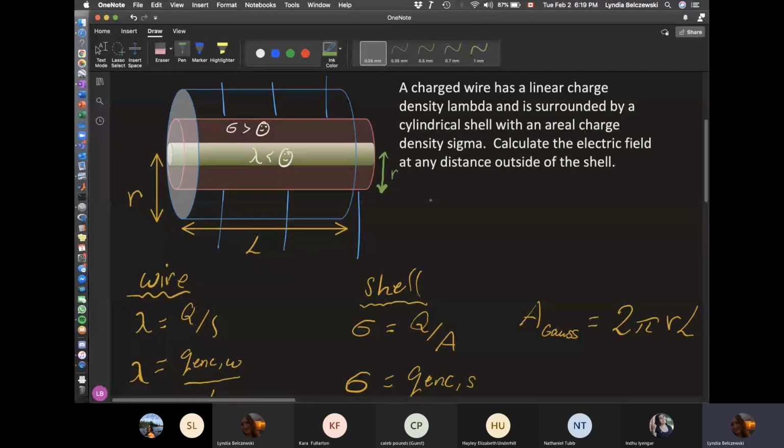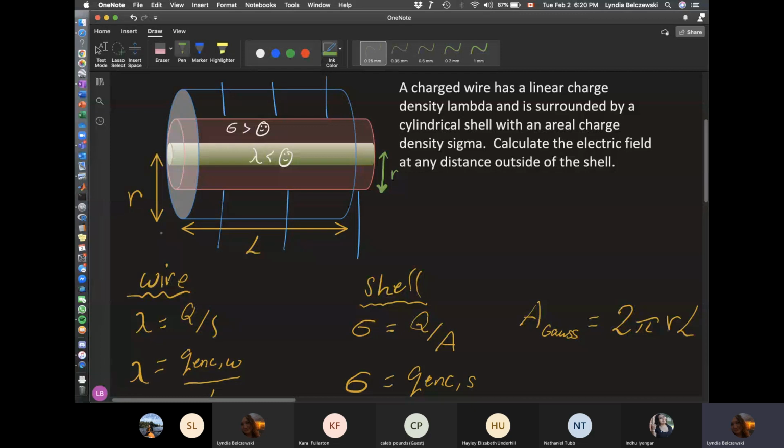If you say lowercase r is only the radius of the shell itself and can't be any bigger, then your Gaussian surface is right on that cylinder, and you would be calculating the electric field right at the surface of the cylindrical shell. That's not what we're trying to do. We're trying to calculate the electric field at any distance outside of the cylindrical shell.